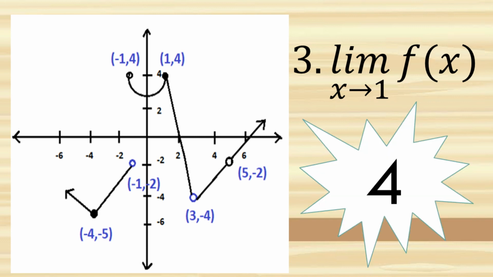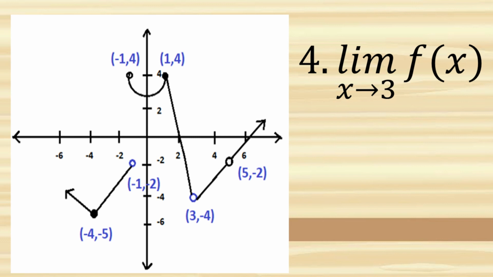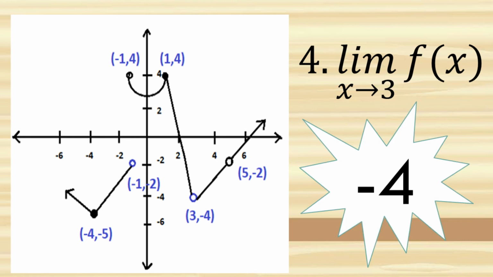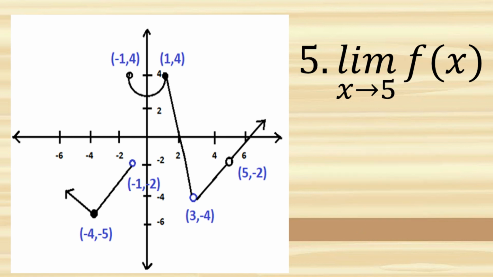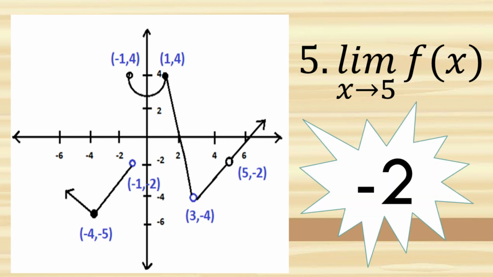If you answered 4, you are correct. What is the limit of f of x as x approaches 3? It is negative 4. Lastly, what is the limit of f of x as x approaches 5? The limit of f of x as x approaches 5 is negative 2.